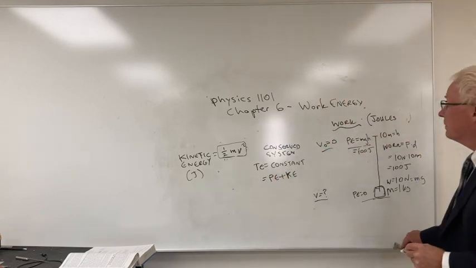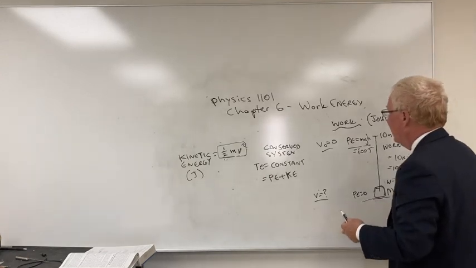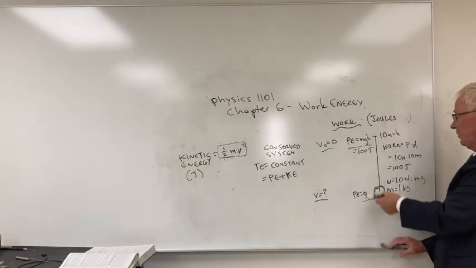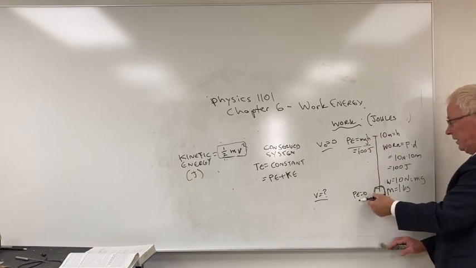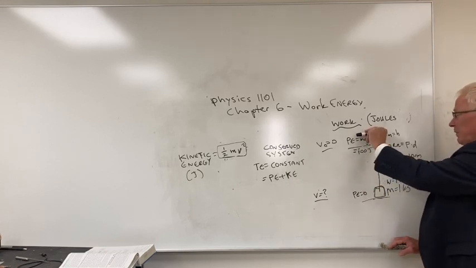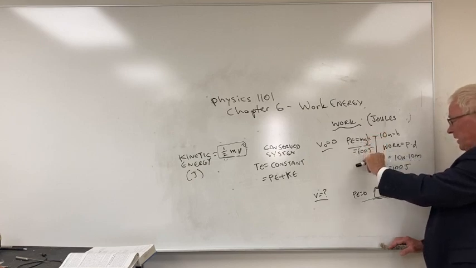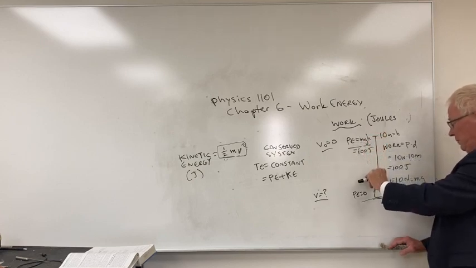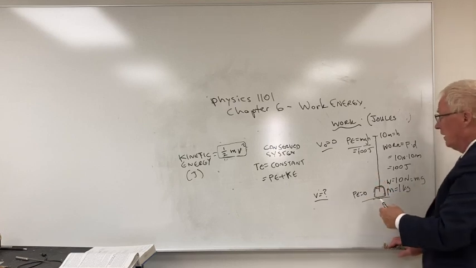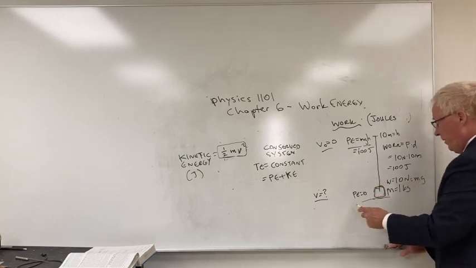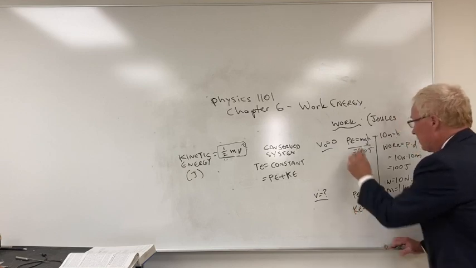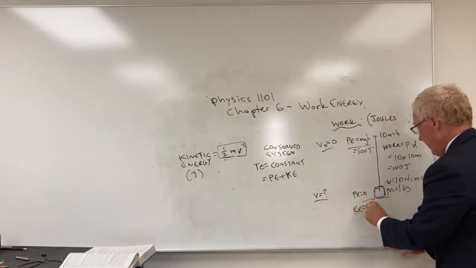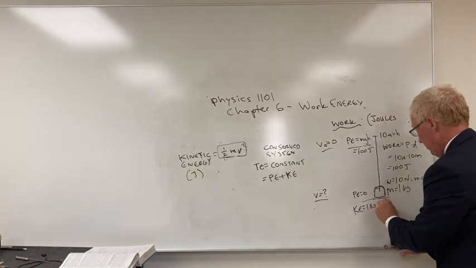So the total energy is, in these kind of mechanical systems, defined as the potential energy plus the kinetic energy. As this thing first falls, it's all potential, but then it goes faster and faster, becomes less potential, becomes more kinetic, until just before it hits the bottom, all the potential is converted to kinetic energy, and that's 100 joules.